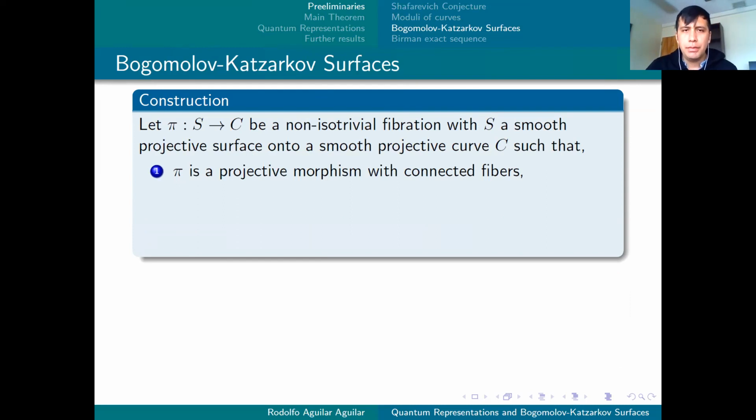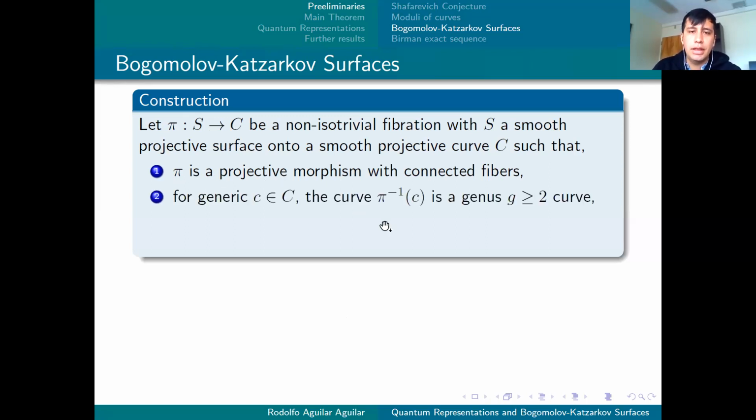So what I will need is a fibration that factors over the moduli of curves and over the universal cover. That is the idea, and the formal thing is I will take a non-isotrivial fibration with S a smooth projective surface onto a smooth projective curve C, such that p is a projective morphism with connected fibers.